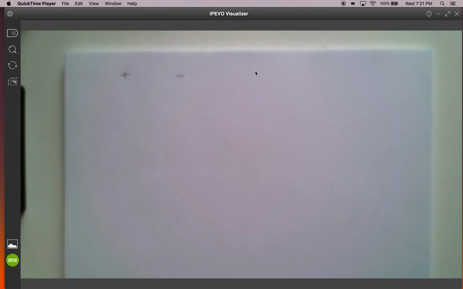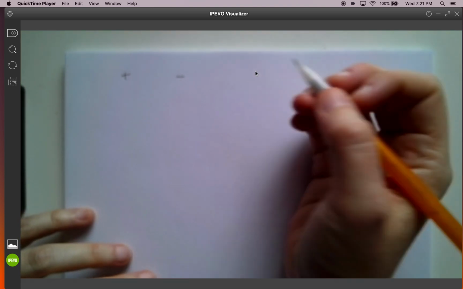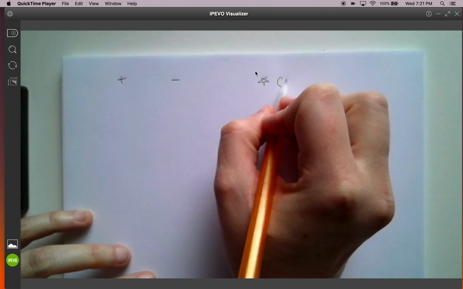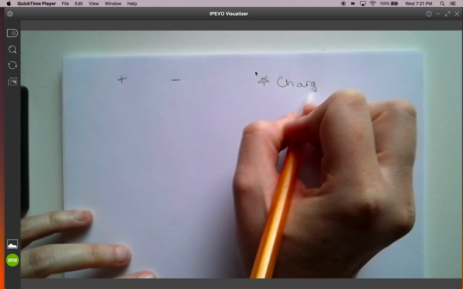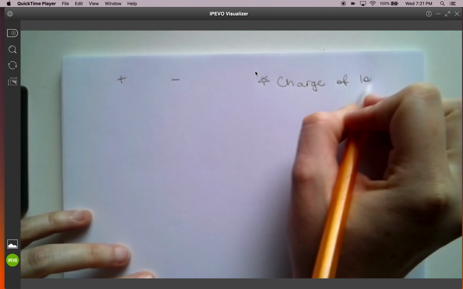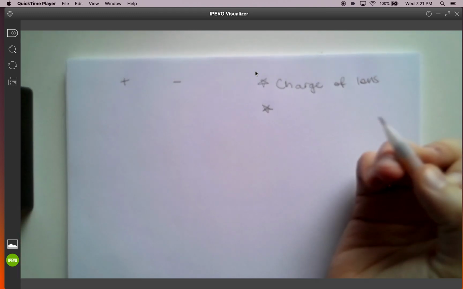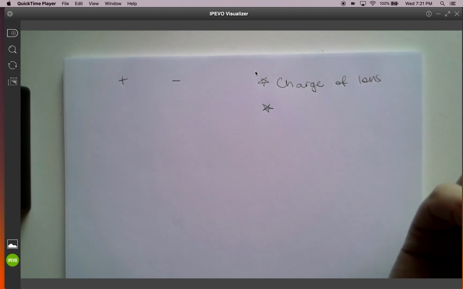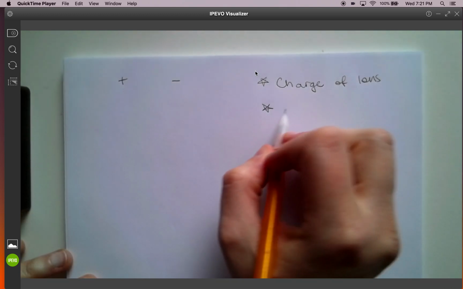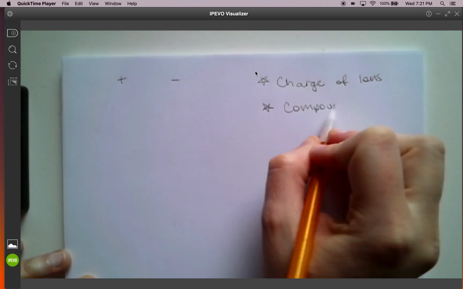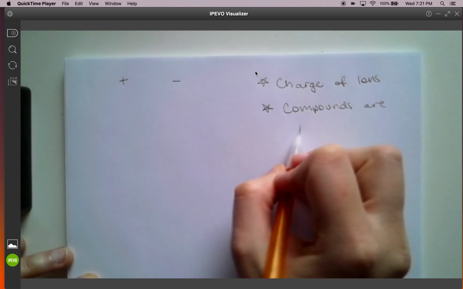Your other keys here are going to be the charge of each of your ions, and you know that since we can't have charge buildup, all compounds will always be neutral. Compounds are neutral.